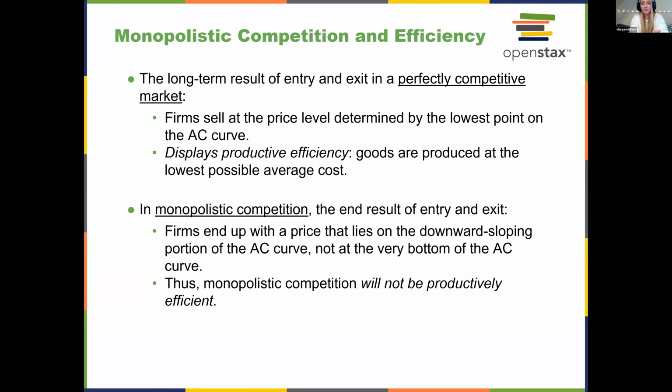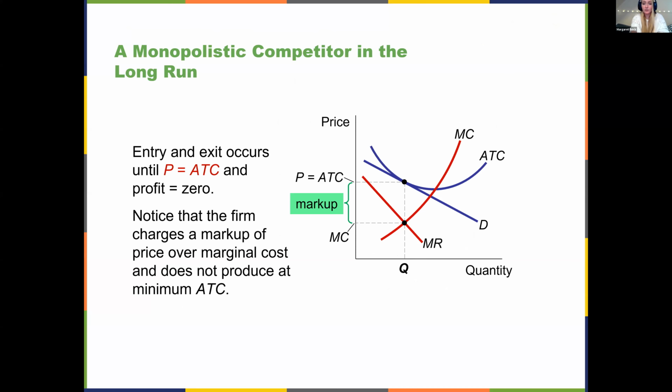But we saw in the previous picture that the long run equilibrium here is not at the lowest possible point on the average total cost curve. So there is still room for firms to be more productively efficient in monopolistic competition compared to perfect competition.